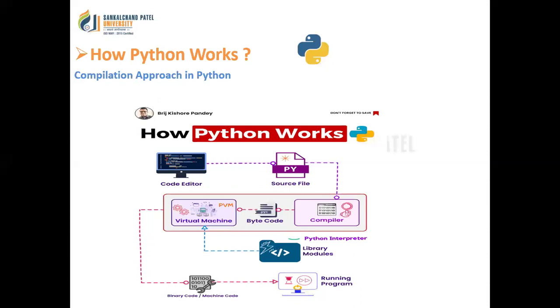Here in this slide we see that, as per our routine, we write our code in any kind of editor, and if it is our XYZ program, then we save it with the extension .py for a Python file.